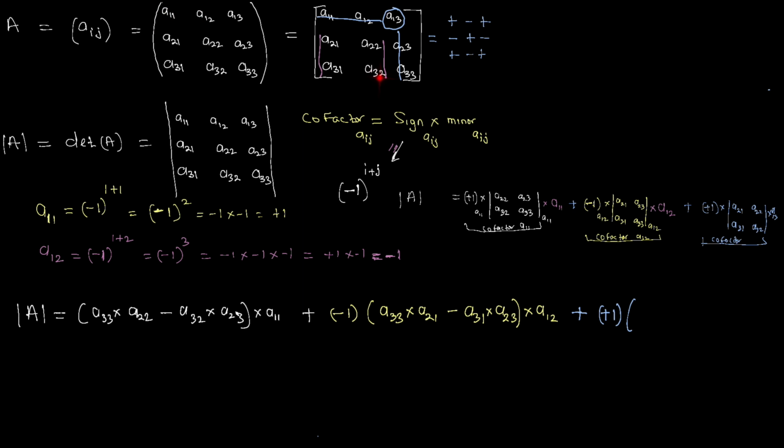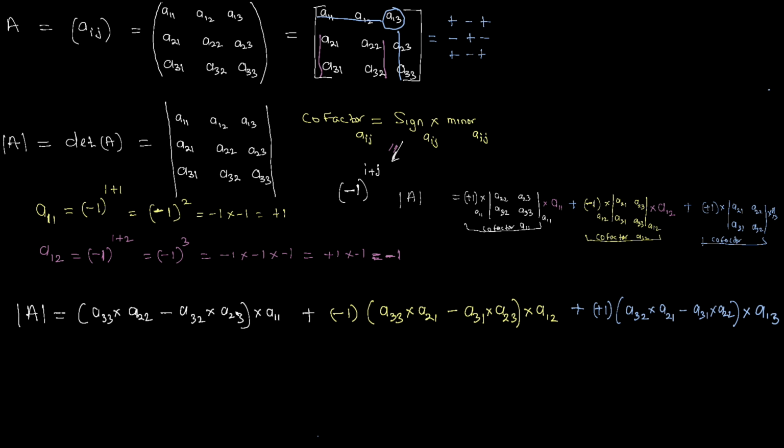So it's A32 times A21 minus A31 times A22, close bracket, and then I need to times it by the element, which is A13.